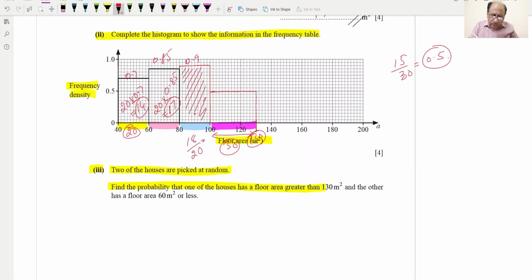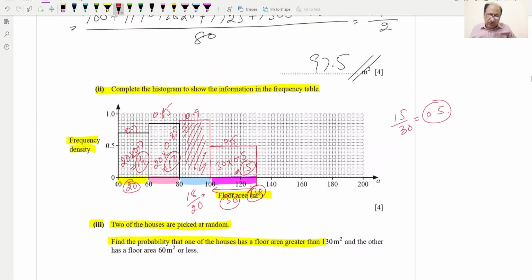So this will be our bar, which we write as 0.5. 30 multiplied by 0.5 is equal to 15. This is how we reach the frequency.